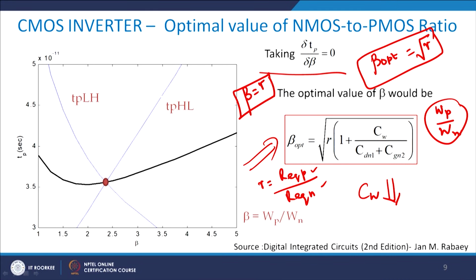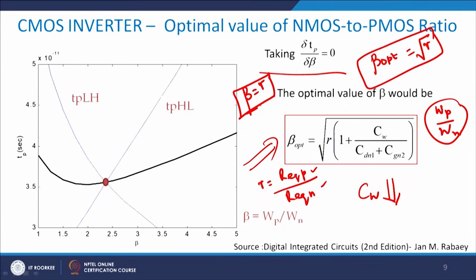Remember, it was only R because R was equal to 1 and then we got VDD by 2. That was the case when both pull up capability and pull down capability were exactly equal, by making the width of PMOS 2 to 3 times larger as compared to NMOS, and therefore the pull up capability was almost equal to the pull down capability available to you. As a result it was perfectly symmetrical in nature, and therefore beta was equal to R.